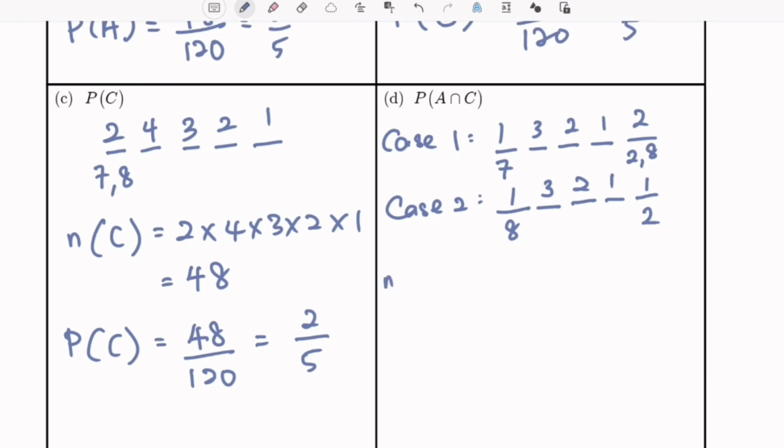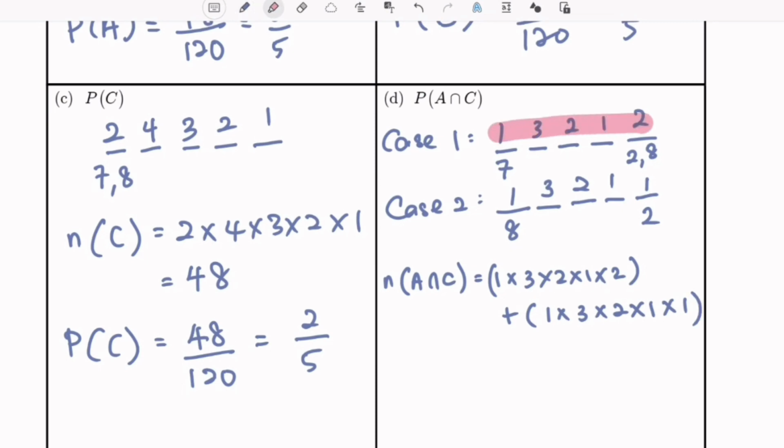So the number of A intersect C will be 1 times 3 times 2 times 1 times 2, plus 1 times 3 times 2 times 1 times 1.